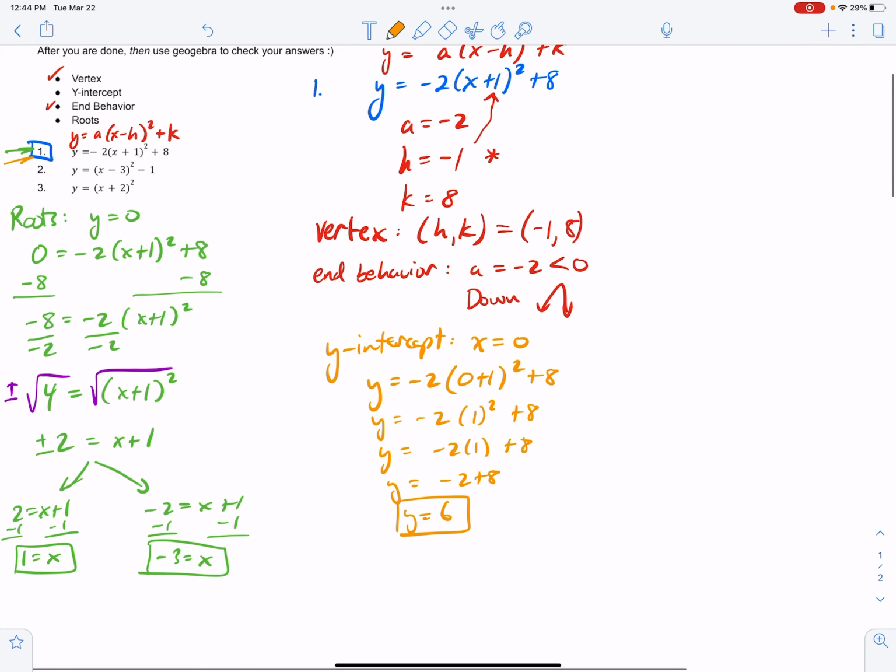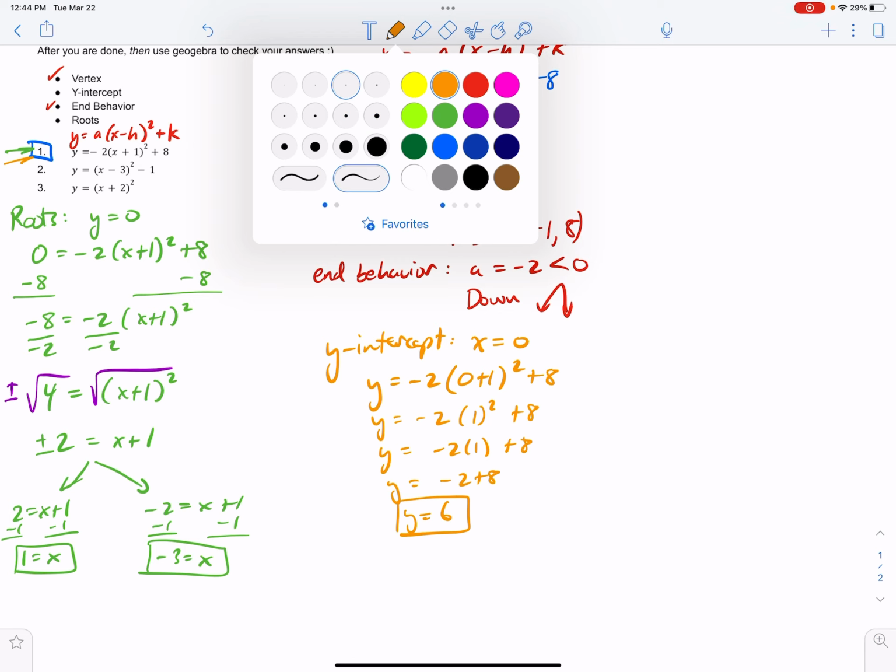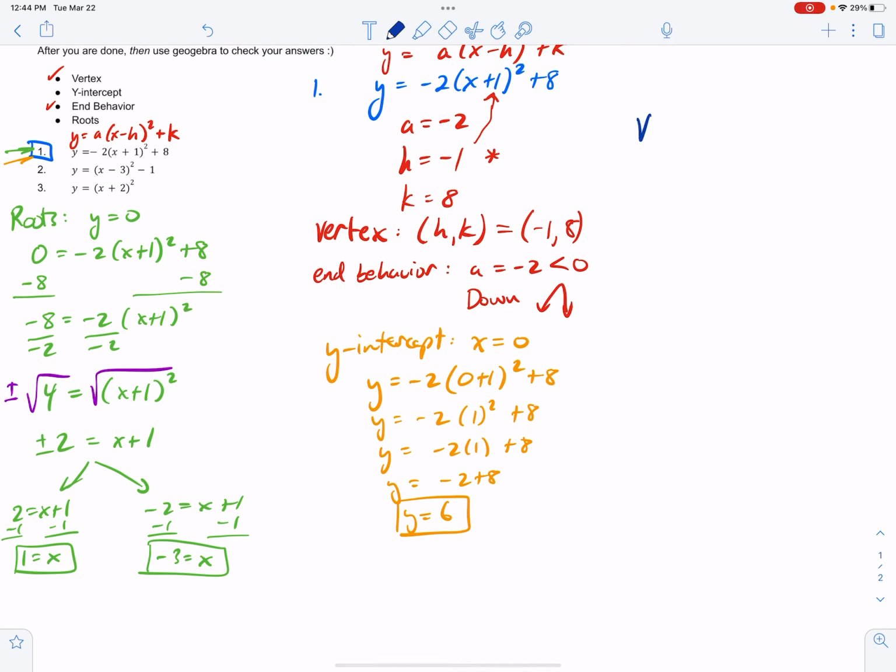So let's take a step back and write down all of this information from problem 1. The vertex is -1, 8. The end behavior is down.